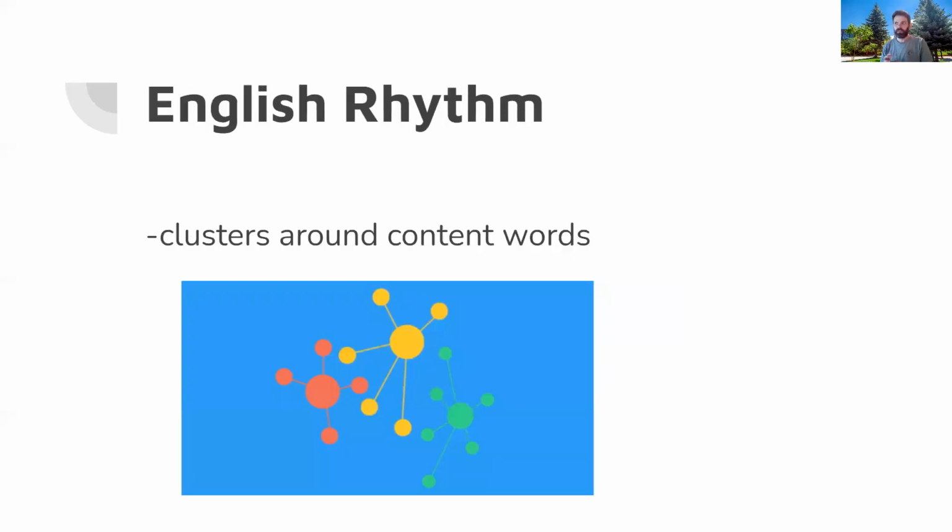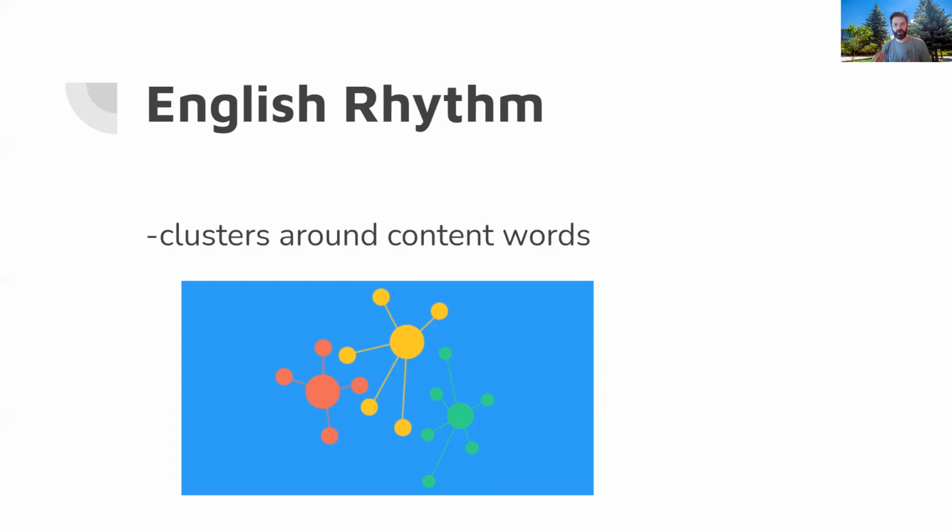In English, the type of rhythm we have is centered around clusters of content words. So not every word or every syllable receives equal time or space or stress, but instead we get this clustering around these stressed units, which are focused on the content words.